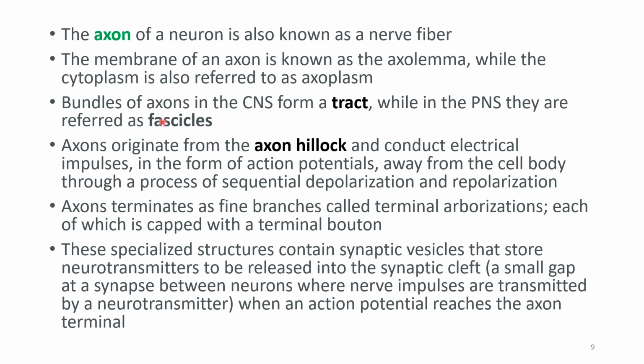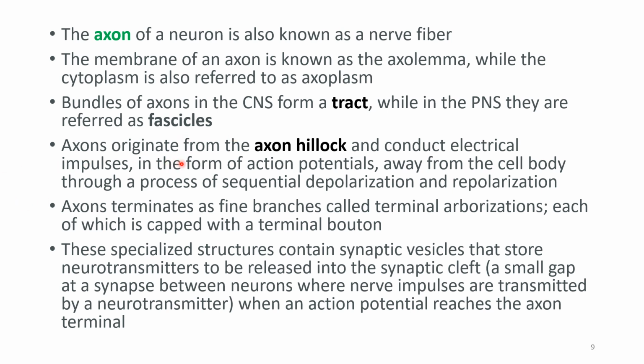They are nothing but bundles of axons in the CNS. While the bundles of axons in the peripheral nervous system form the fascicles. So, bundles of axons in the CNS are called tracts and in the PNS they are called fascicles.